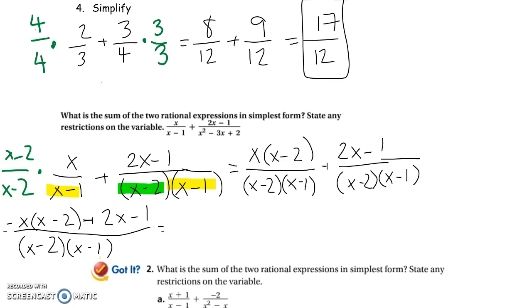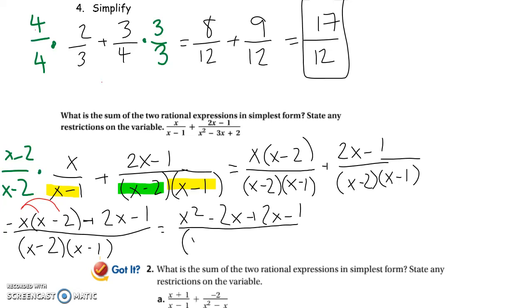We distribute the x, so we'll have x squared minus 2x, and then we still have 2x minus 1, and we still have our denominator of x minus 2 and x minus 1. The minus 2x and the plus 2x cancel, and we have x squared minus 1 in the numerator.